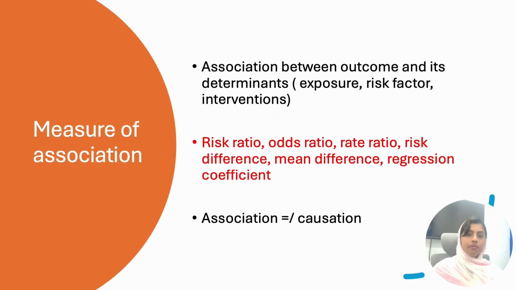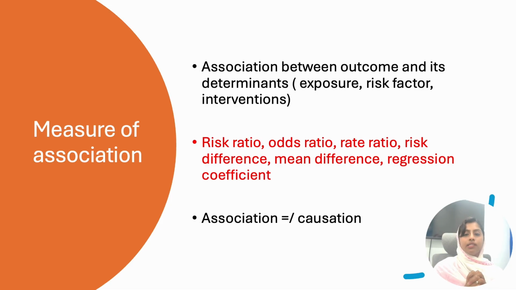So what are the different measures of association? This basically determines the association between the exposure and the outcome. It can be any intervention and the outcome, or any risk factor and the outcome. The measures of association are odds ratio, risk ratio, and rate ratio, which are the proportional or relative measures, or it can be the absolute measures like risk difference and mean difference, or it can be a regression coefficient.